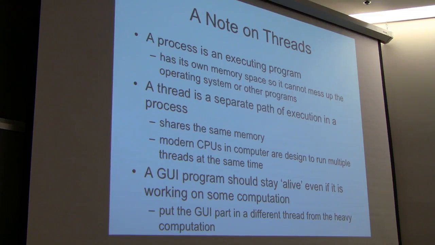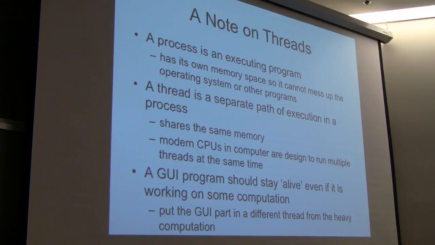So typically, GUI programs keep the part that does the calculations on one thread, and then keep the part that responds to events and so on another thread. And so your program still seems like it's alive because while this thread is calculating all the tax returns, this thread is checking for events and repainting the screen and making it look like it updates. Okay?